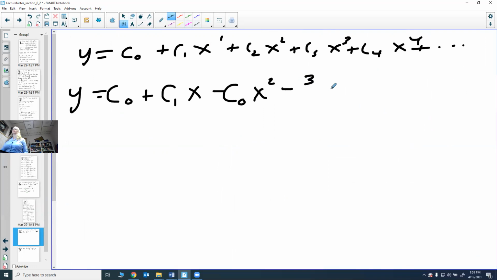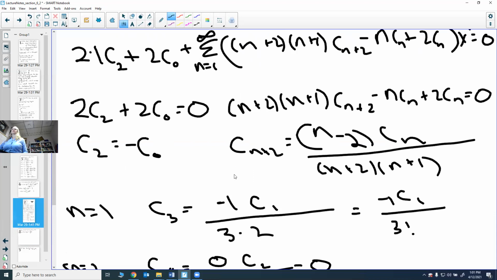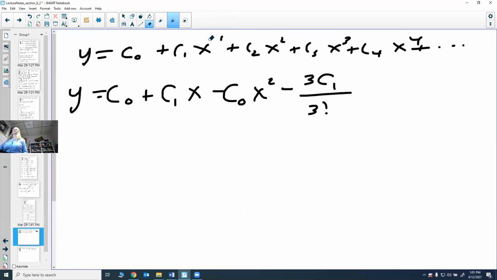So C sub 3 was negative 1 over 3 factorial, times C1, not 5.